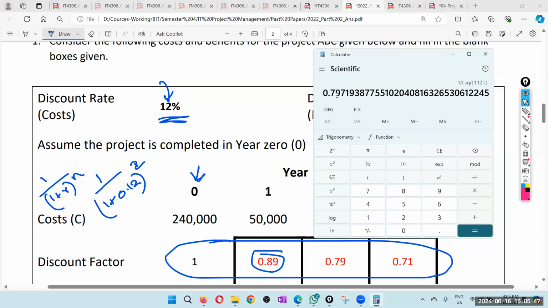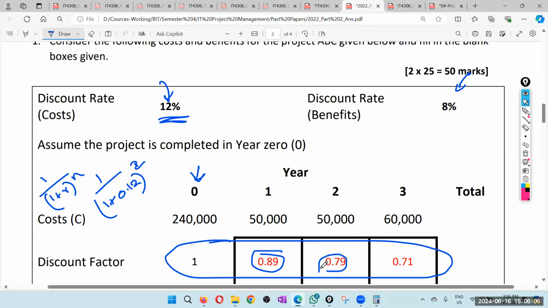That is 0.797, which is basically 0.8 because 7 is bigger than 5. Or I don't know, for some reason the examiner has taken it as 0.79, but ideally it must be 0.8. You can see it's not 0.79, it must be 0.8. But anyway, the examiner has not properly rounded it. Okay, that is how you get it.